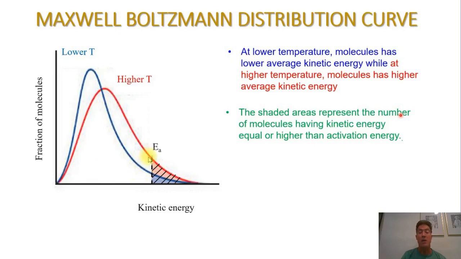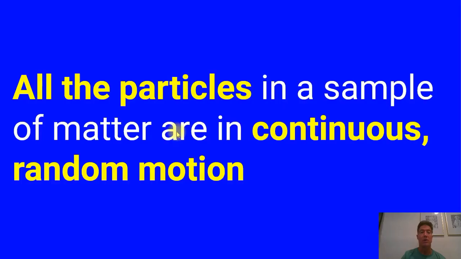And if we pick some arbitrary threshold here, say the activation energy of a reaction or boiling temperature or something, we're going to see that as we shift the temperature, the number of particles that have sufficient energy to overcome some threshold is going to be increased at higher temperatures. So that's a Maxwell-Boltzmann distribution curve.